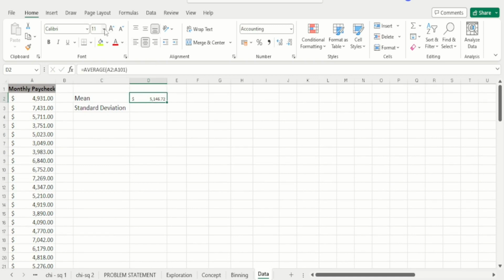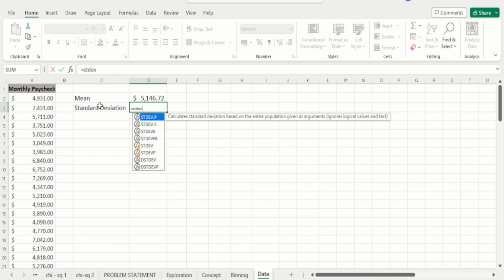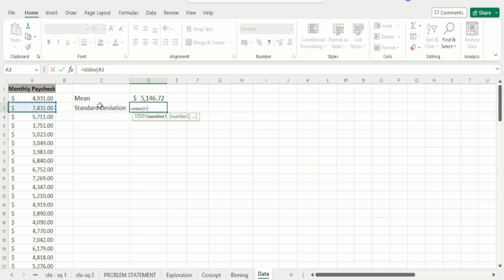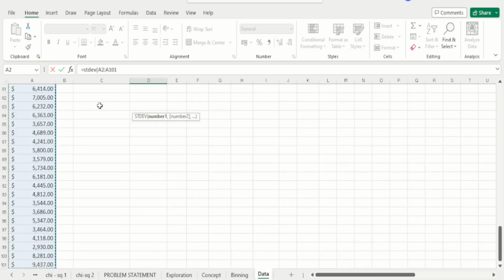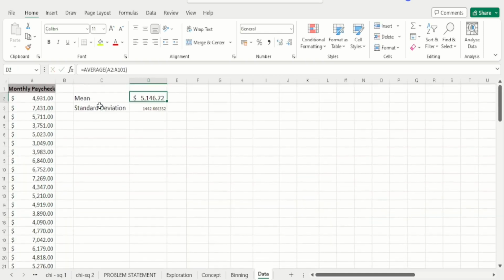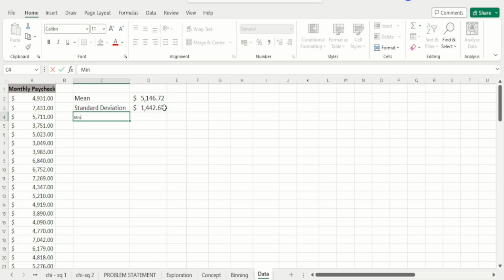And then once you've done that, we can also calculate the standard deviation. This is the standard deviation formula that you can use, STDEV. Use the simplest variant here, select the data set, and you have the standard deviation as well. Both of these will be used. It is also helpful to calculate the minimum and the maximum of this data set.